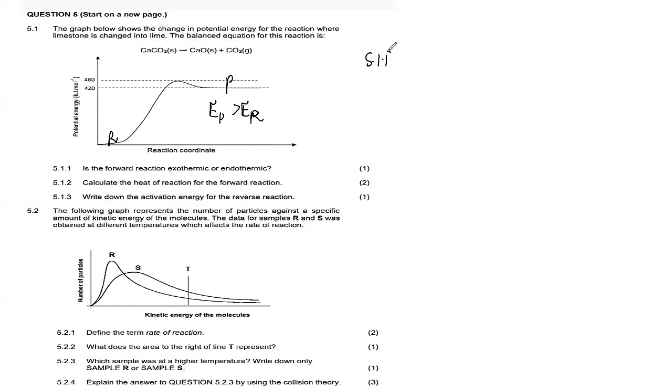So for 5.1.1, we're going to say this is an endothermic reaction. They're only asking that and no reason. If they had asked for the reason, we'd say our EP is greater than ER: the energy of the product is greater than the energy of the reactant.